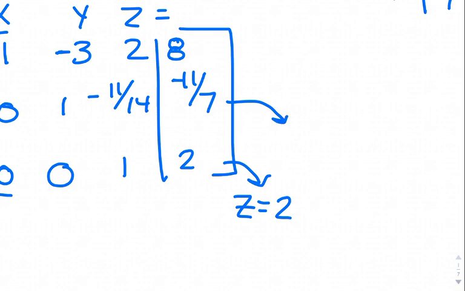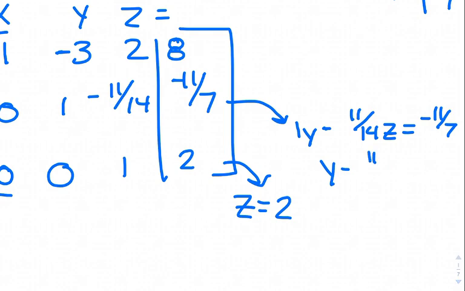For my y, it would be 1y minus 11 over 14z equals negative 11 over 7. So when I plug in 2, I would get y minus 11 over 14 times 2, which if you want to simplify that right away, you would get minus 11 over 7 equals negative 11 over 7.